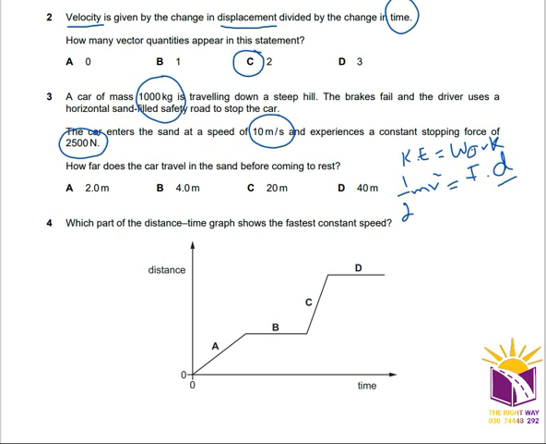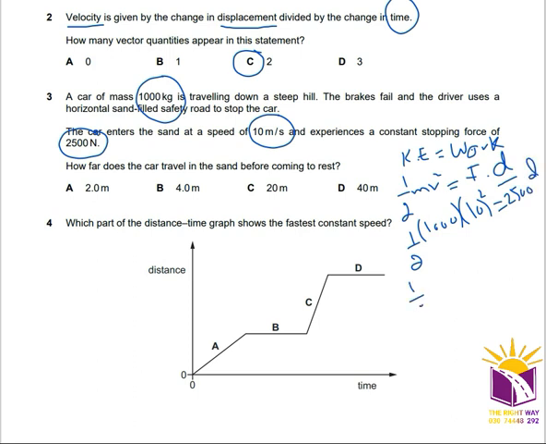So by putting in the values, 1/2, mass is 1000 and velocity is 10, so 10 squared, will be equal to force, which is 2500, multiplied by the distance travelled by the car.